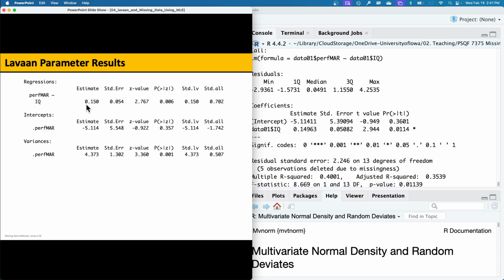First thing, the regression slope, 0.150 versus 0.1496, right about the same. Our standard error is 0.054. The standard error here in OLS regression, 0.050. So those are different. Now, it's different in the thousandth place, but they're different. Why are they different? Why do you think?